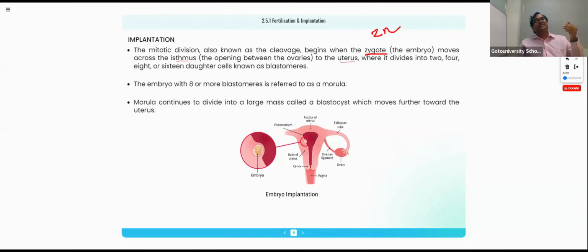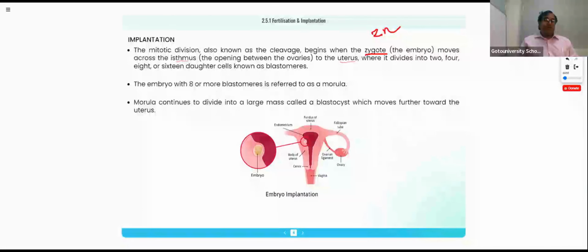Like this, the zygote is moving from the isthmus junction. Where is it moving, how long does it take to reach the uterus, and after reaching the uterus, what does it do exactly? Like this, we need to bring out all the hidden sentences from the first sentence. Then you have very well prepared information, right?